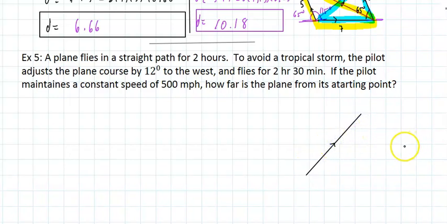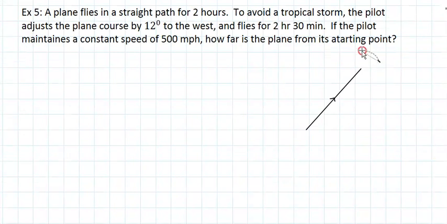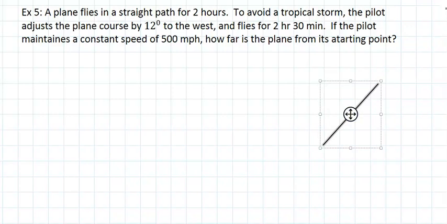After 2 hours, to adjust, I'm guessing I need a bit more space here. Let me just bring this down a bit. So at this point, to avoid a tropical storm, instead of going straight, the pilot adjusts by 12 degrees to the west.